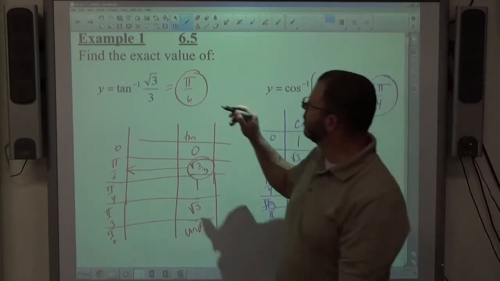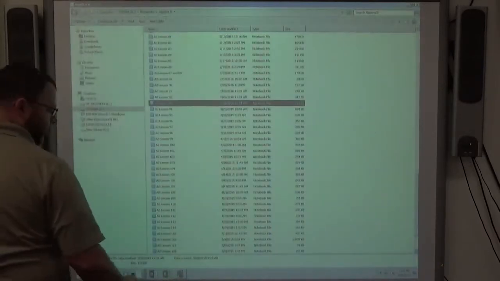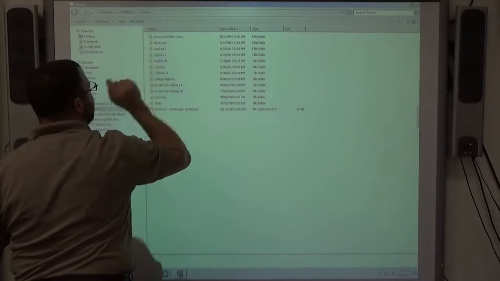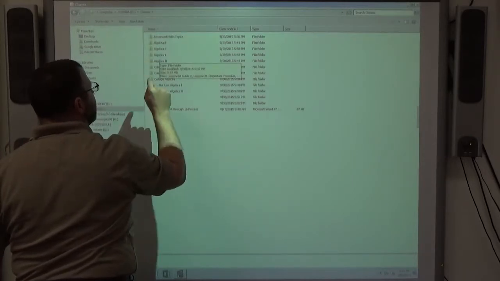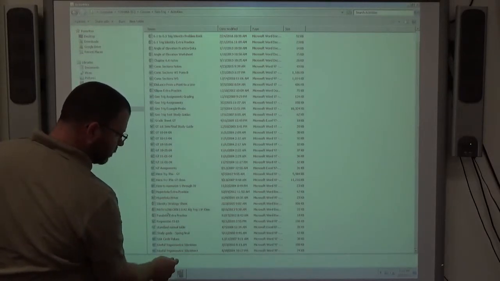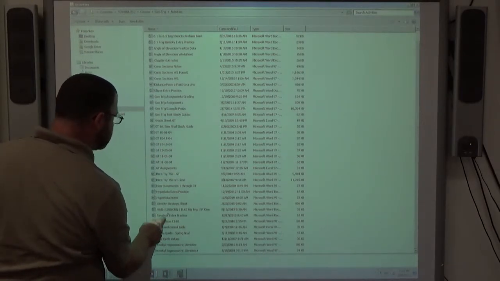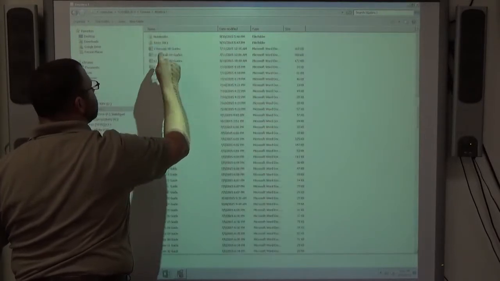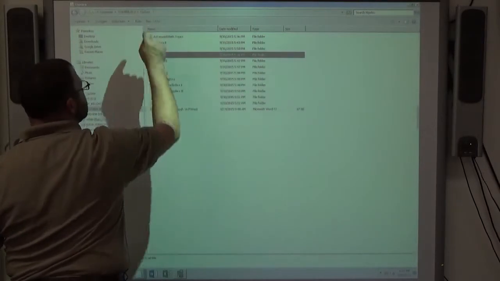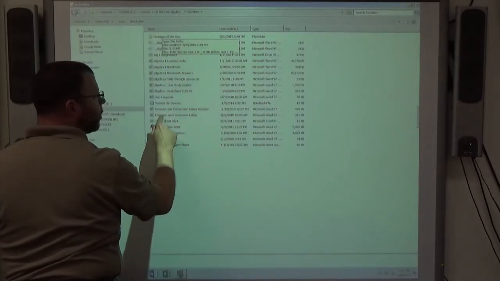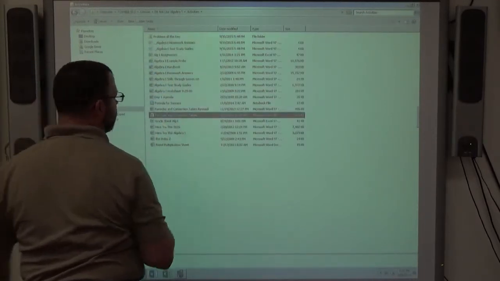Let me just bring the sheet up real quick just to highlight this for you. Because the ones that are tricky are the sine, cosine, tangent, and cotangent. Formulas and conversion tables, the smaller one.